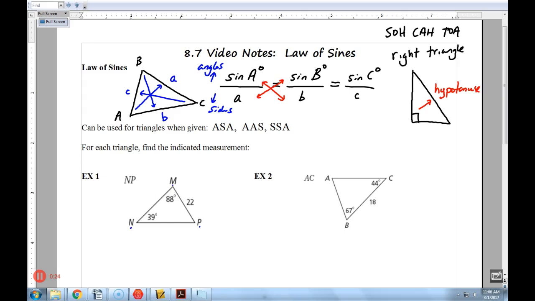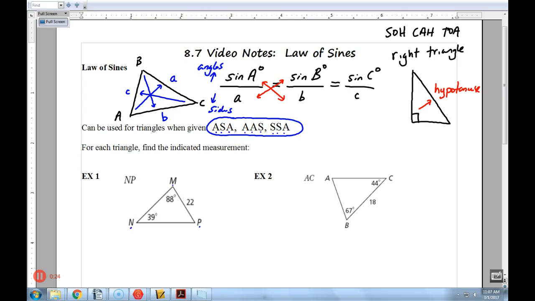But if you get a cheat sheet, you could memorize that these 3 scenarios, 2 angles and a side in between, or 2 angles and a side, or SSA, which I always refer to in class as ASS, but a double crooked letter there, also can use the law of sines.